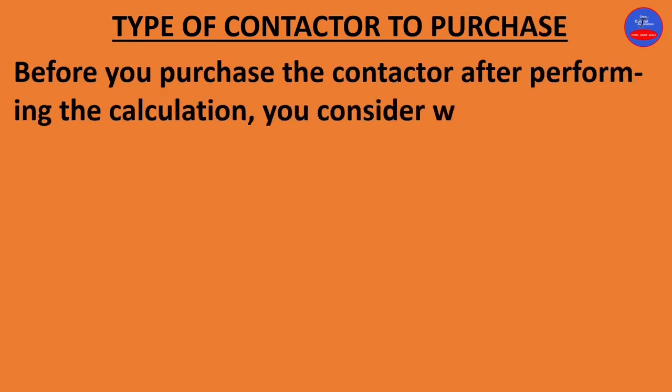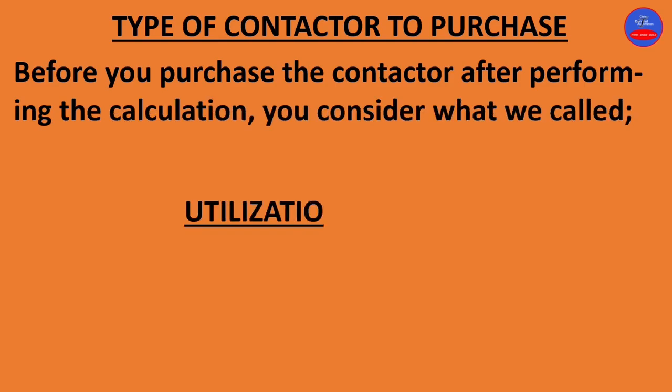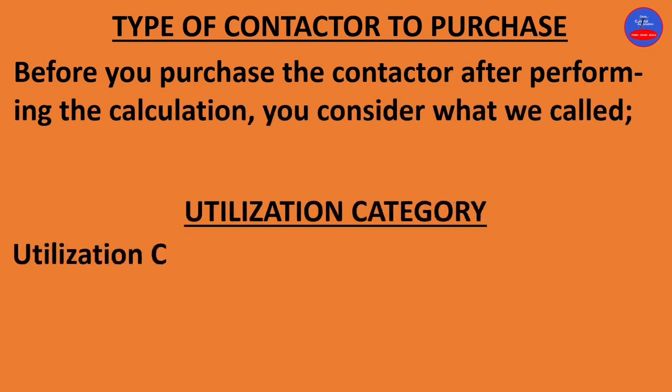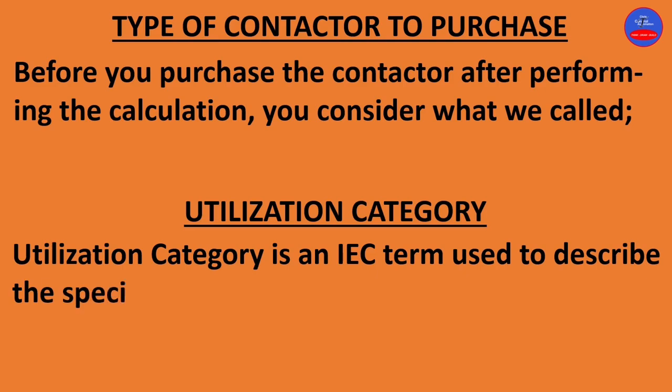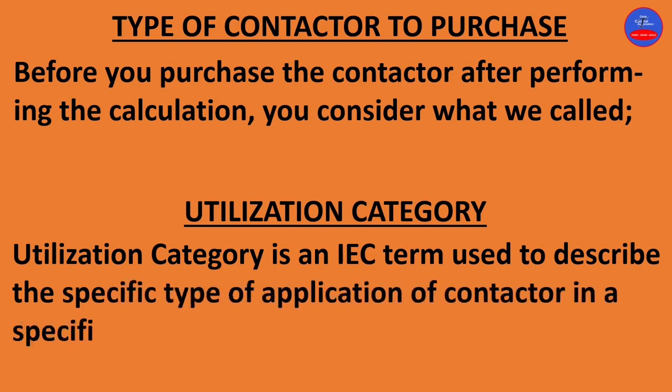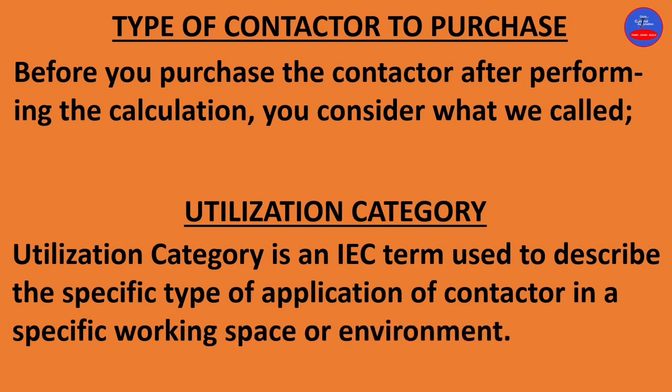All right, before you purchase the contactor, after performing the calculation, you consider what we call utilization category. Utilization category is an IEC term used to describe the specific type of application of a contactor in a specific working space or environment.